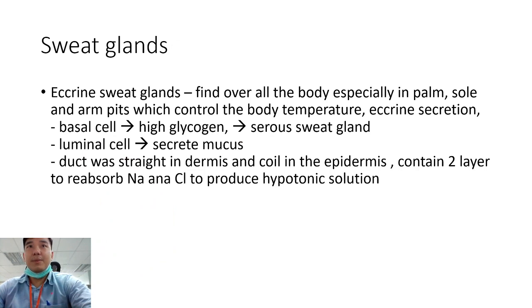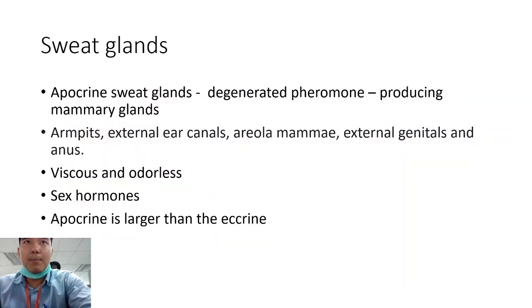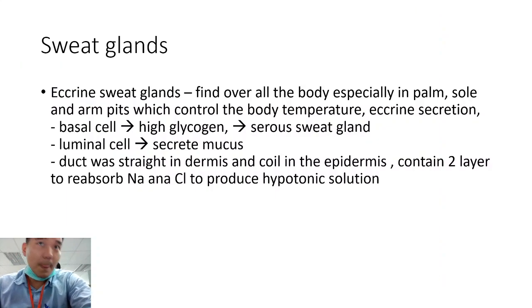From the sebaceous gland we move to the sweat glands, which include the eccrine sweat gland and the apocrine sweat gland. Eccrine sweat glands can be found all over your body, especially in the palm, sole, and armpit, basically the places that get really sweaty.